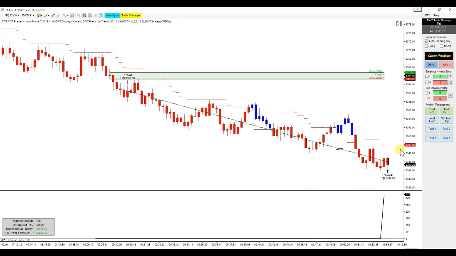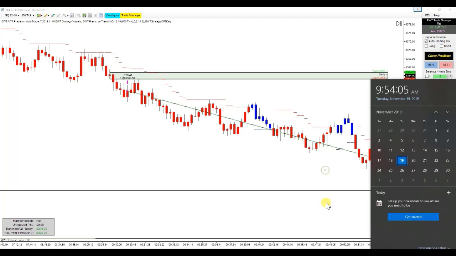For now, I'm going to give it a chance to bounce up some. Now, hopefully it didn't happen prematurely here. It might just keep on going.